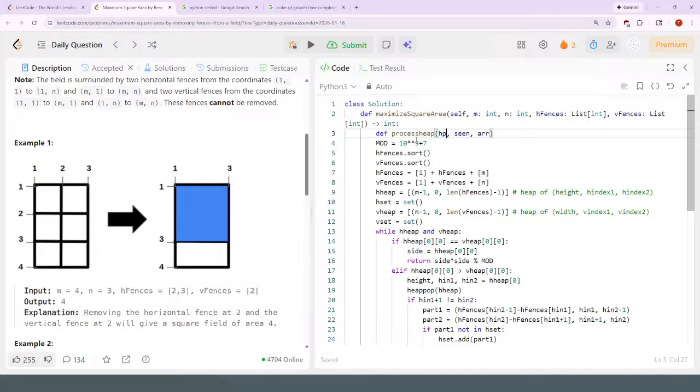Heap, I'll call it HP. Heap is going to pass in a list. Scene is a set, and array is a list. I guess this should be a list of integers. What if I do a list of tuples?